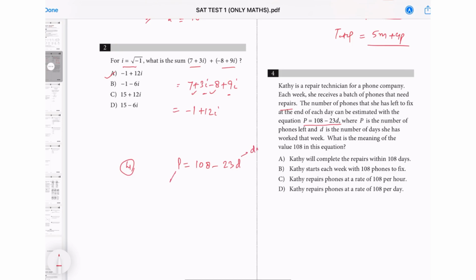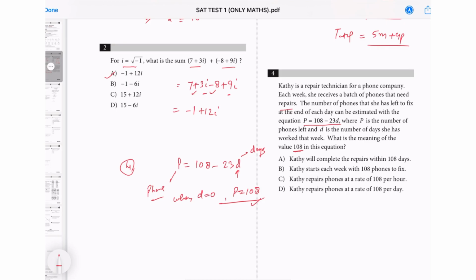Now what does 108 mean in the equation? See here, if I simply put in D equal to 0, what is P? When D equals 0, it means P is 108. It means when she hasn't started working, this is the initial number of phones she has to repair.